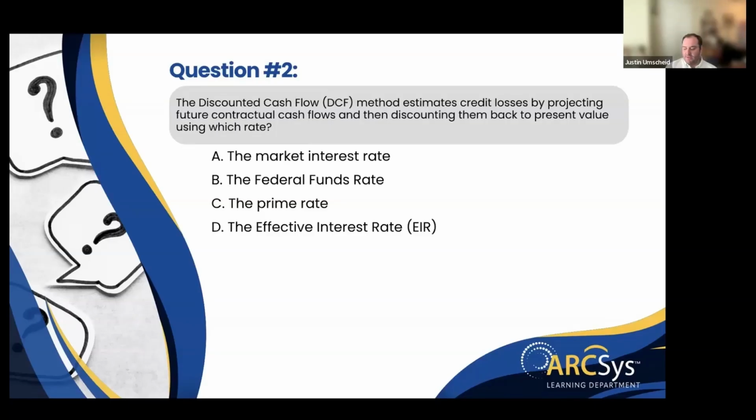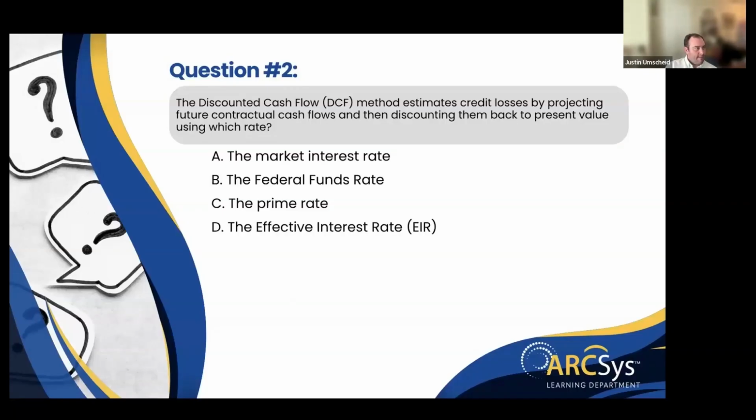And again, this goes back to those items like deferred fees, deferred costs, premiums, and discounts that impact the expected interest income one may receive. Okay. Effective interest rate is the right answer to this, right? We are calculating an effective interest rate based off of those additional ACB items that impact the interest income that we will receive on these cash flows.